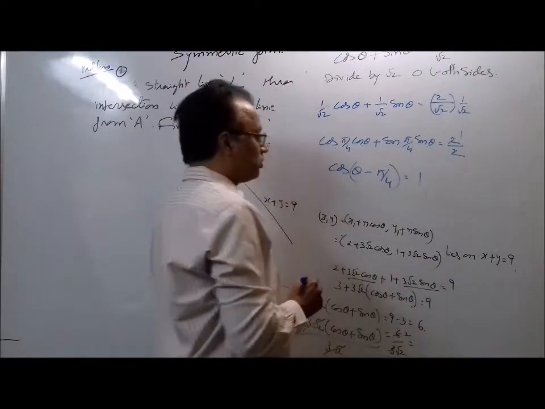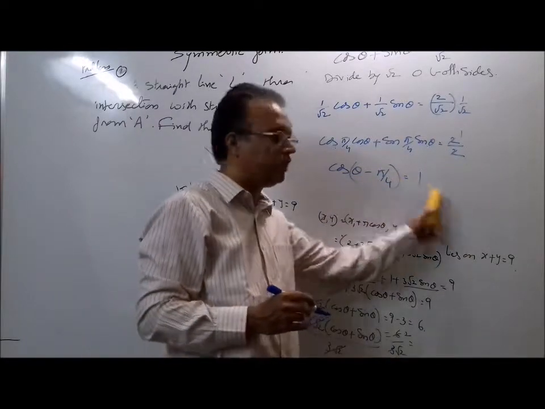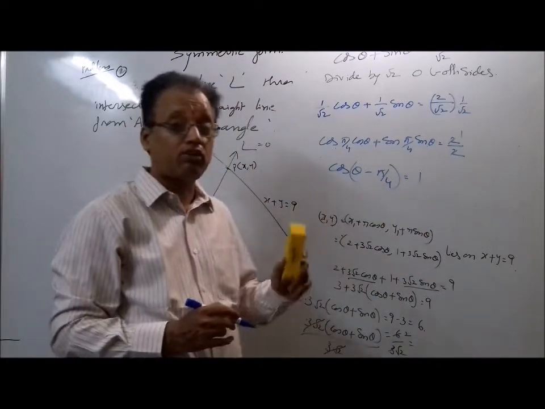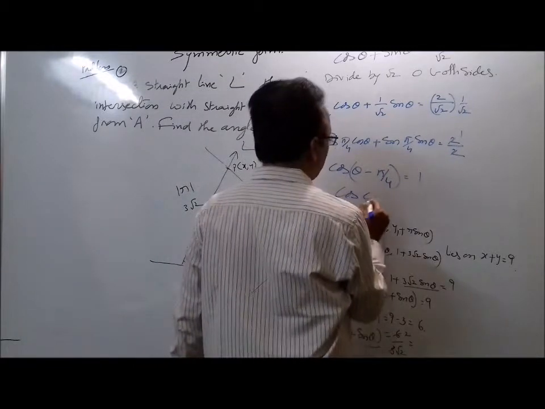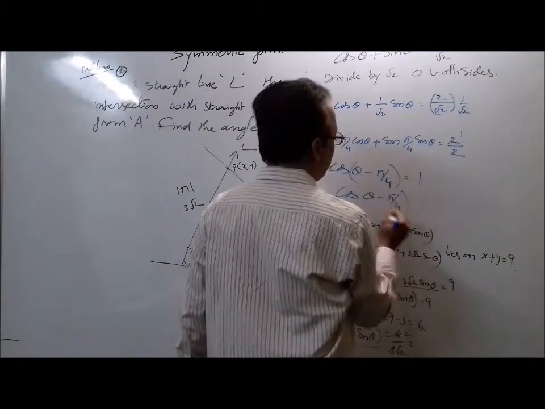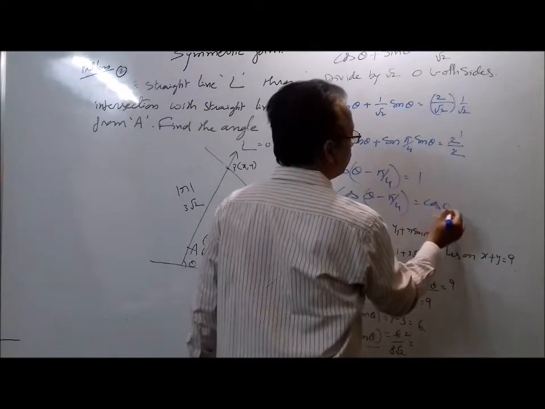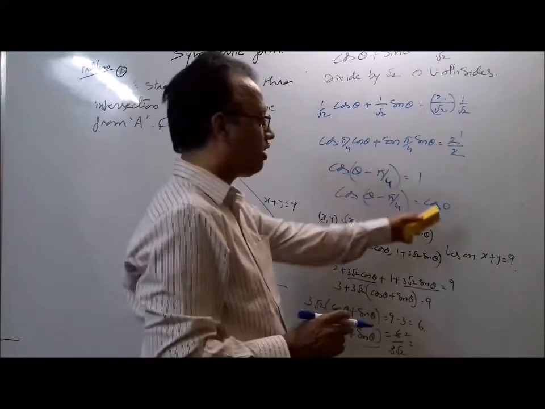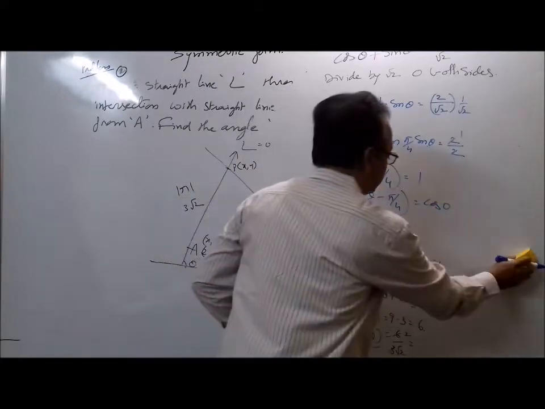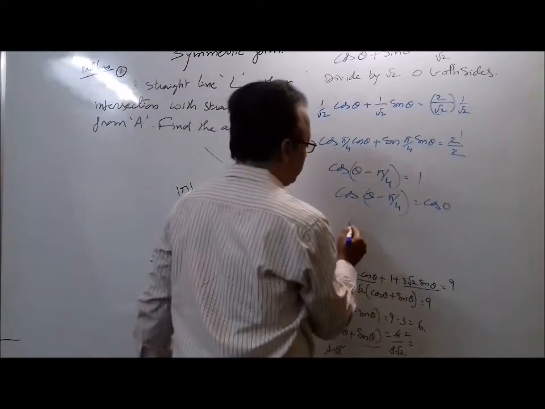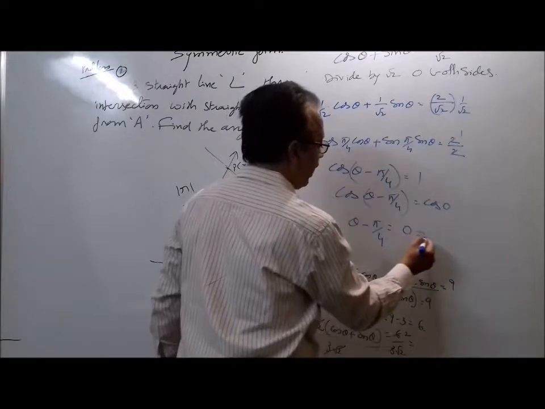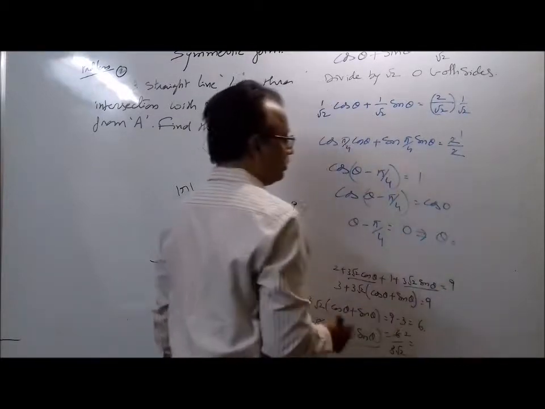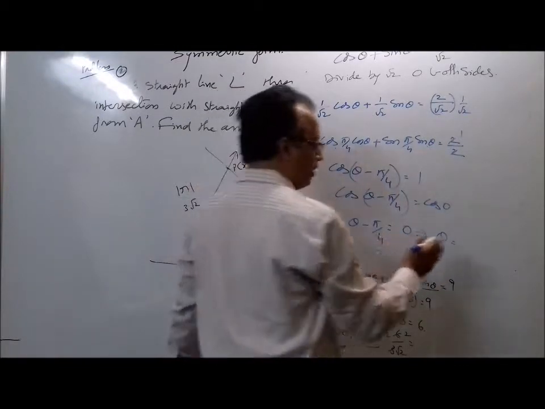It is equal to 1, and cos 0 is 1. So cos of theta minus pi by 4 is equal to cos 0. Removing cos on both sides, theta minus pi by 4 is equal to 0, which implies theta is 0 plus pi by 4.